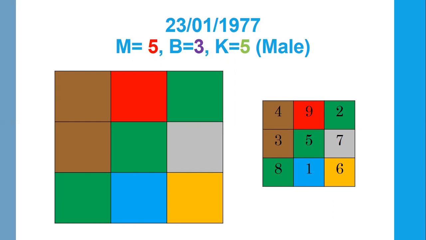Say a person is born on 23rd Jan 1977. In that case, we first draw 9 blank houses.